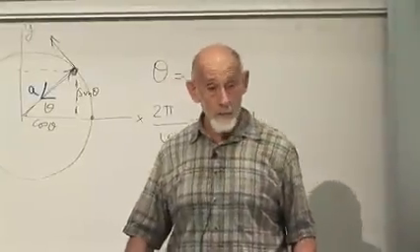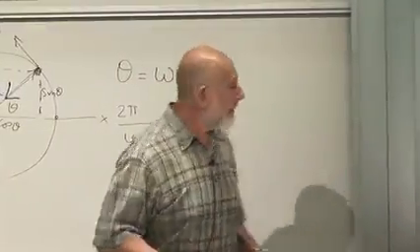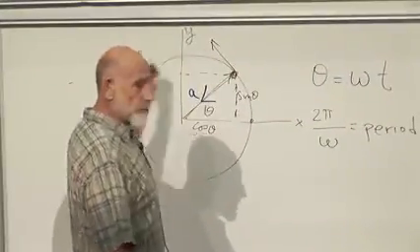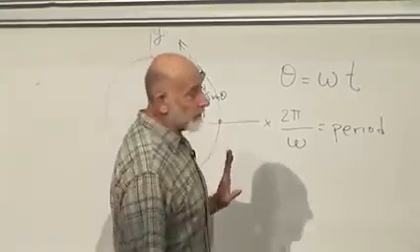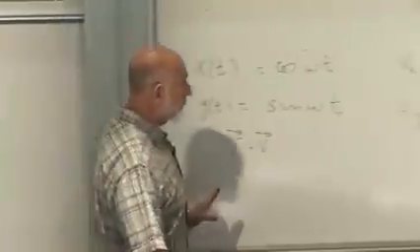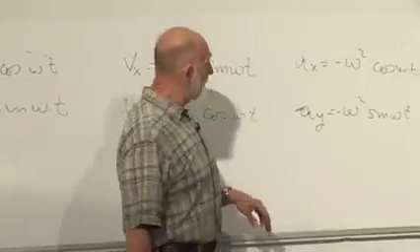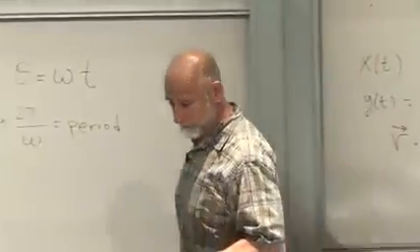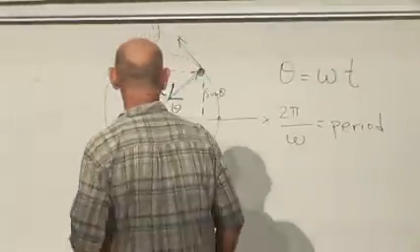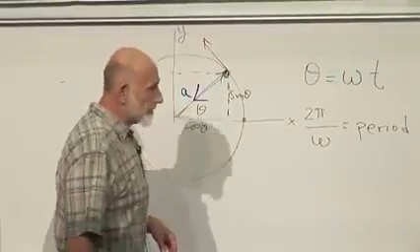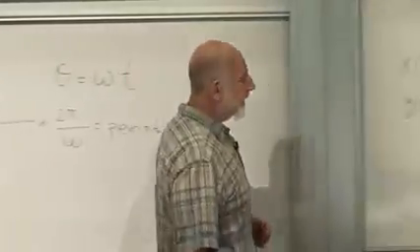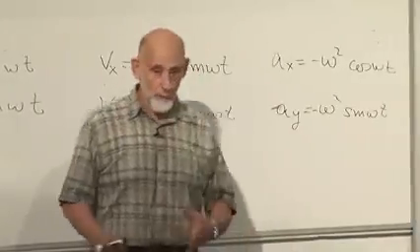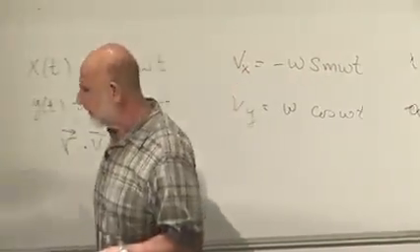The velocity of this particle is just omega. Now that makes sense. The larger omega is, the faster this thing circles around here. And in fact, the velocity is just proportional to omega. How about the magnitude of the acceleration? It's omega squared. Okay? So the bigger omega is, the bigger the velocity, but even more so for the acceleration, but acceleration opposite to the direction of the position of the particle.